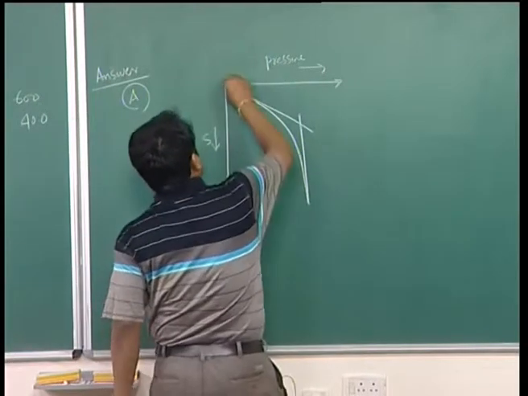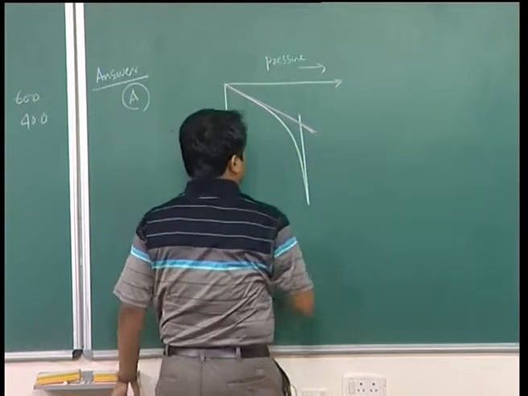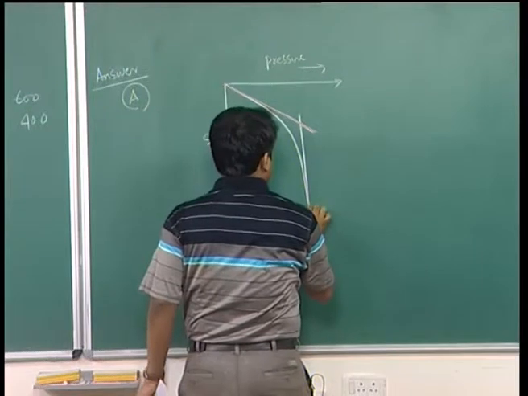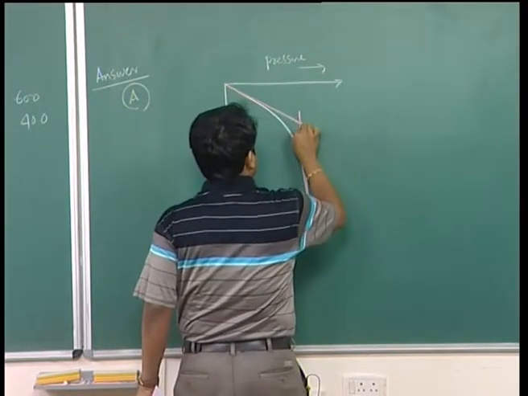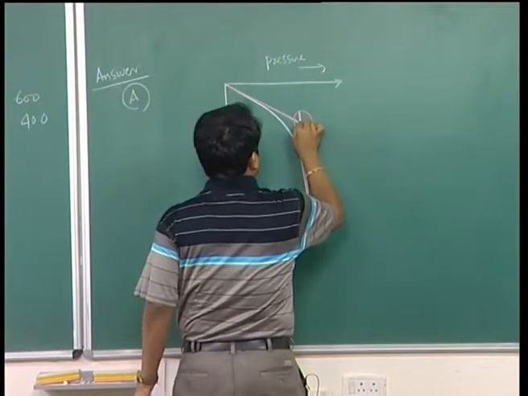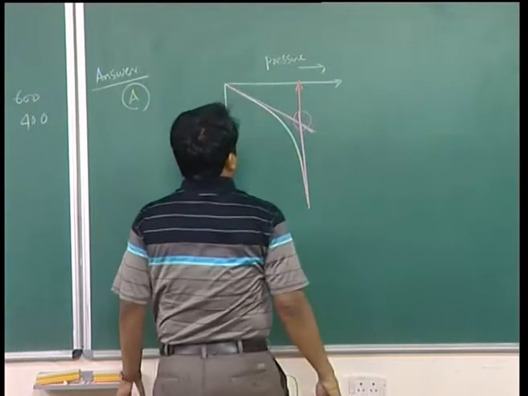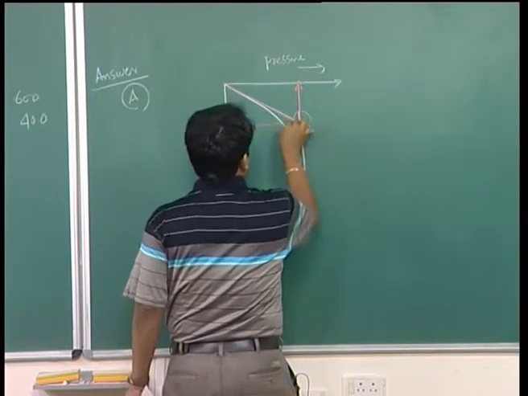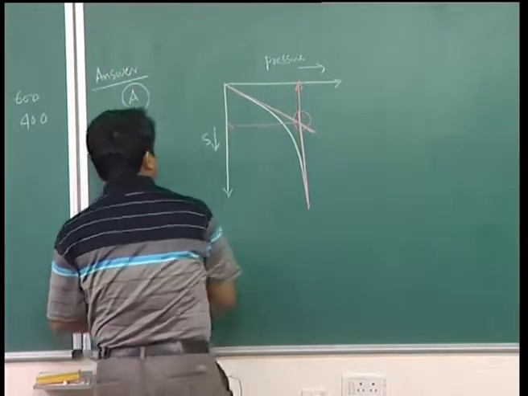the initial part of this curve is linear. With this, a tangent has been drawn, and at the bottom part of the curve it is asymptotic. To that part also a tangent has to be drawn, and the intersection point is taken as the failure point. The pressure corresponding to that point is your failure pressure, and the corresponding settlement is your failure settlement.